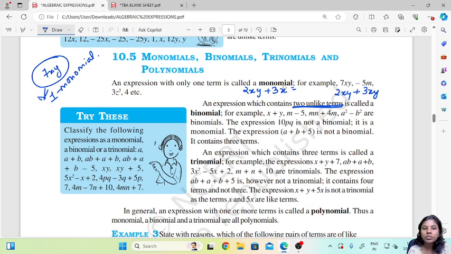No. There are two terms, so it becomes a binomial. Right? This, can I add? Yeah, because their variables are same. So this will give me 5xy. So I'm getting a monomial. So that is why they are saying you need to have two unlike terms. The variables of both the terms in a binomial should be different.